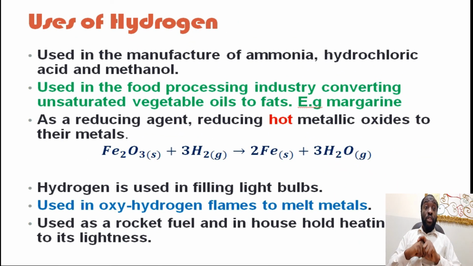Concerning the uses of hydrogen, we have the following. Hydrogen is used in the production of ammonia, methanol, and hydrochloric acid.